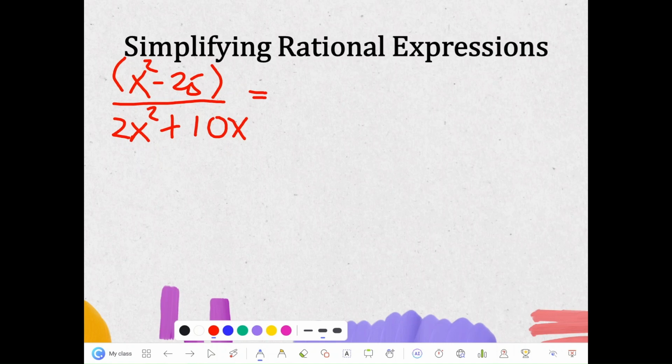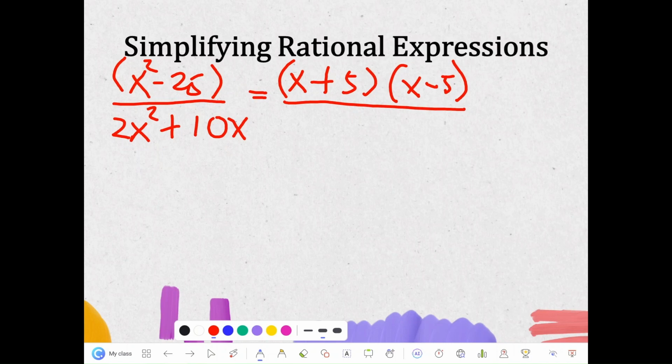Alam natin na x squared minus 25 is the sum and difference of two squares. So you have your x plus 5 times x minus 5. Kahit na i-multiply mo pa yan using the FOIL method, ang makukuha mo x squared minus 25 kasi mawawala ang middle term and you will have x squared, x times x is x squared and 5 times negative 5 is minus 25.